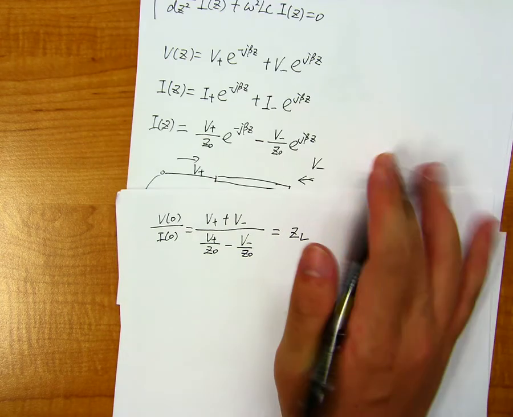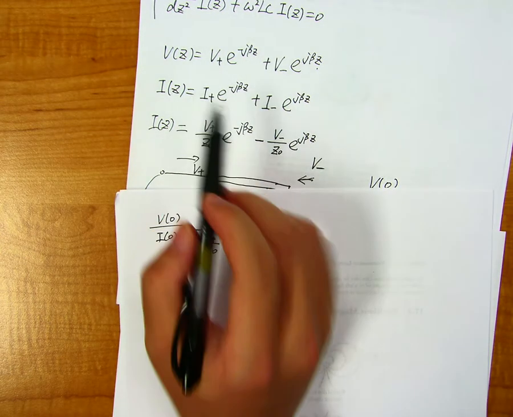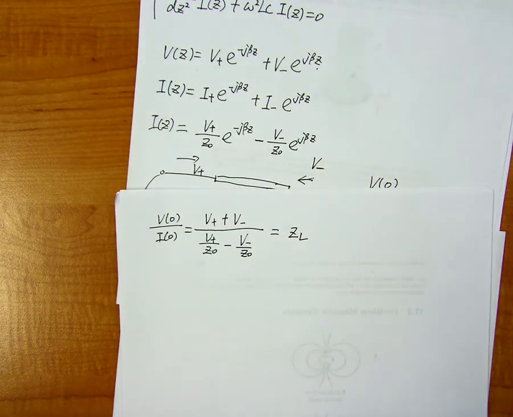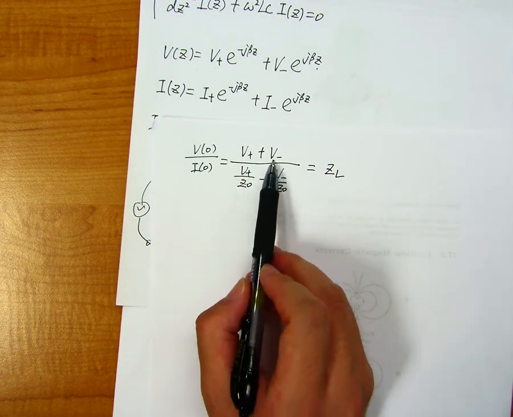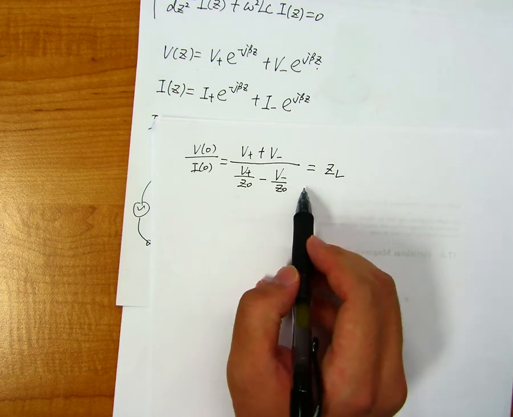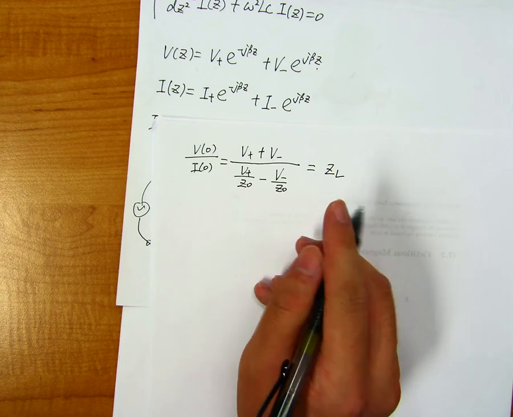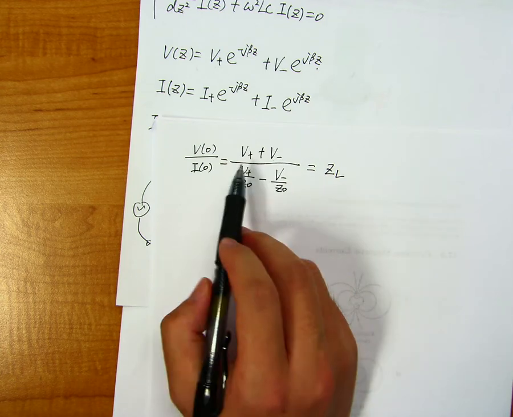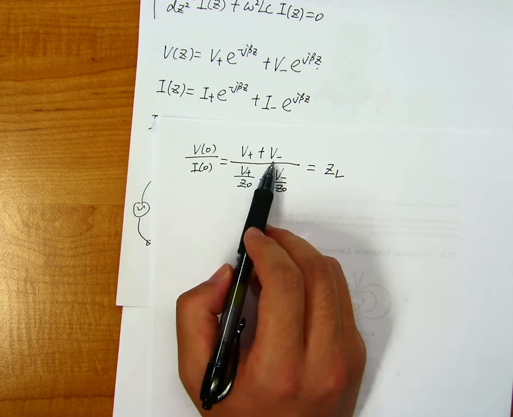We just plug z equals 0 into these two expressions. So the magnitudes of the right traveling wave and the left traveling wave must satisfy this equation, which means V plus and V minus are not independent anymore. If you specify a value of V plus, then you can determine the value of V minus.